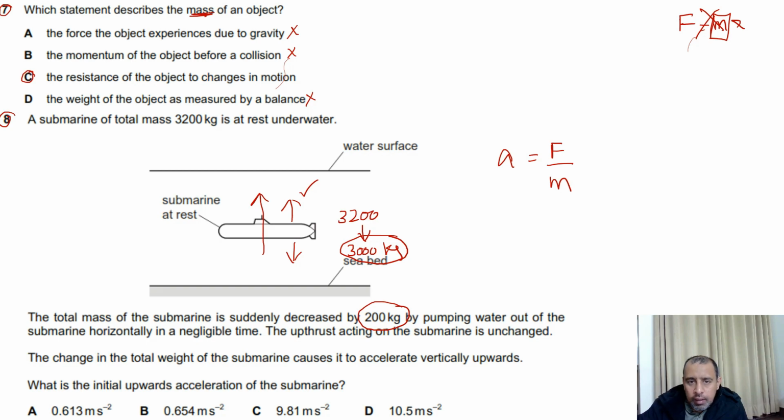So this force is 200 multiplied with 9.81. This is the force, and the mass is now 3000. Let me solve it.